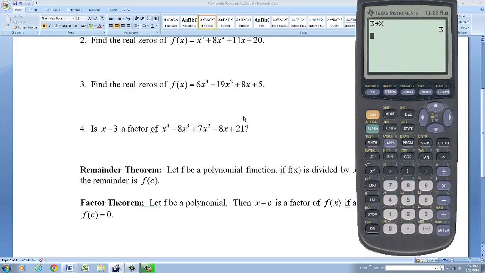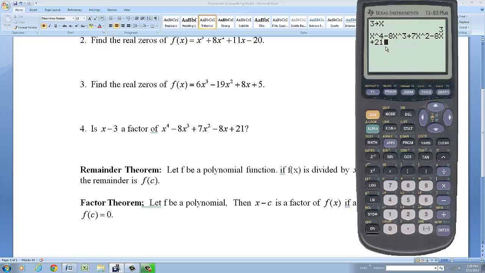Okay, so that's what I want. I want to know what is the value of this expression at 3. So I just type it in: x to the 4th minus 8x to the 3rd plus 7x to the 2nd minus 8x plus 21.